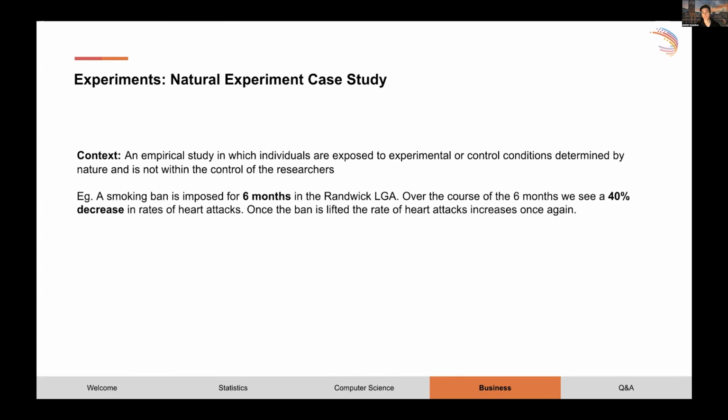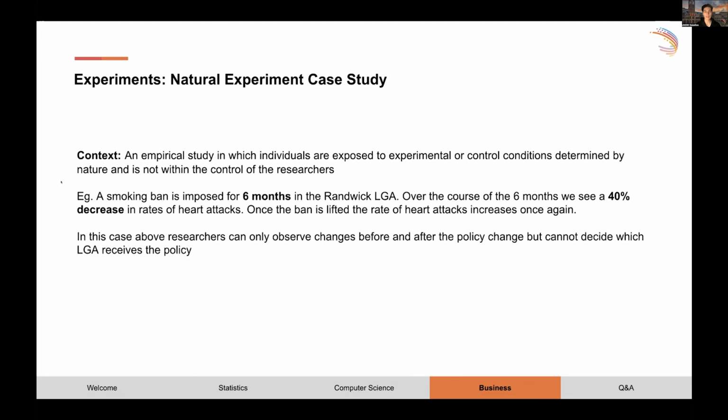We have 6 months, so again, it's a really long time, and we don't have control over this. It's something that policymakers might have put in, not the researchers themselves. We can only observe the changes before and after the policy change, but we can't decide, for example, which LGA receives the policy or what type of policy they receive in the first place.